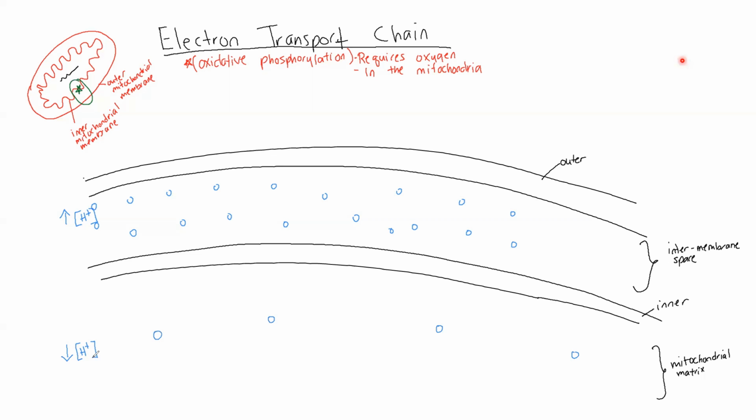Let's begin to put our transporters in. So the reason that we're calling this the electron transport chain is that electrons are going to be transported through a series of transporters that are inserted in the inner mitochondrial membrane. So we've got transporter 1 here. Okay.